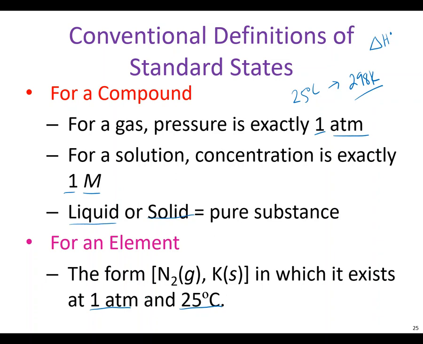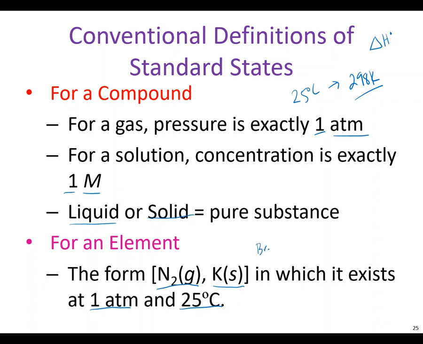Now, when it says elemental form, that's what we were talking about before. All of the nonmetals that are gases at normal conditions, like hydrogen, oxygen, fluorine, chlorine, all your noble gases, these ones are all standard state gases at room temperature. Everything else on the periodic table is a solid, except for bromine and mercury, because those at standard conditions are going to be liquids.